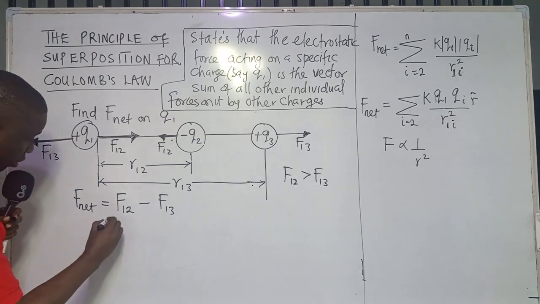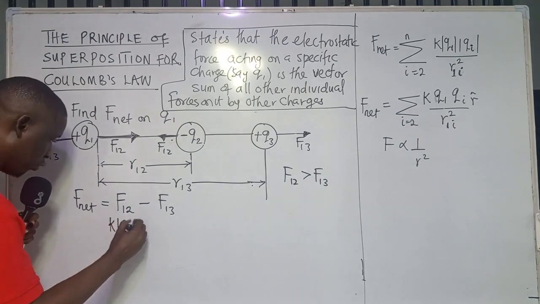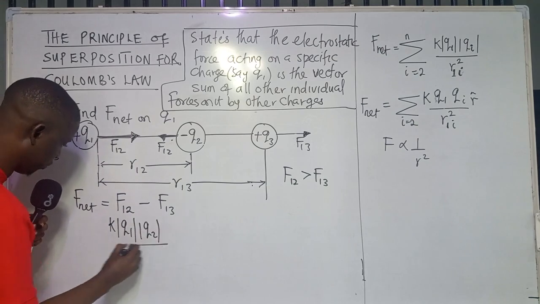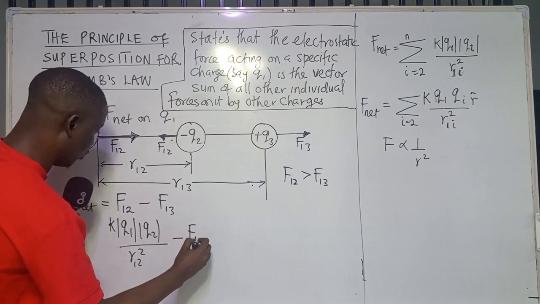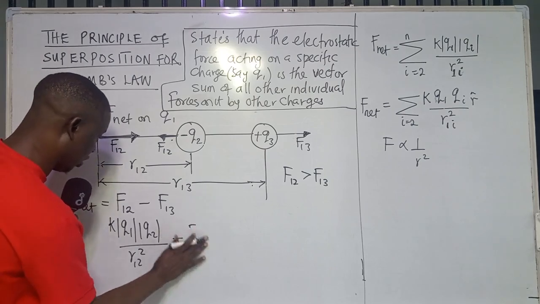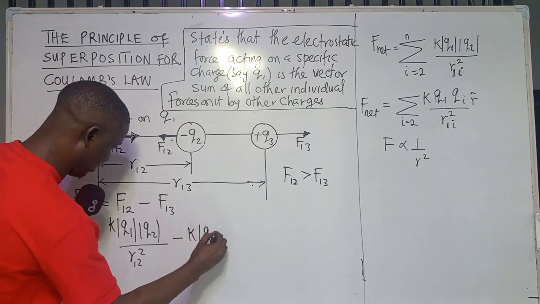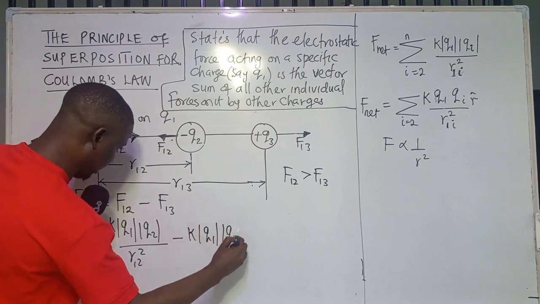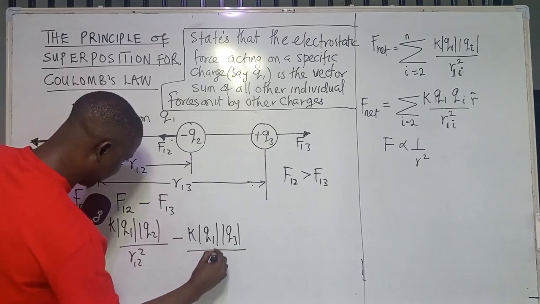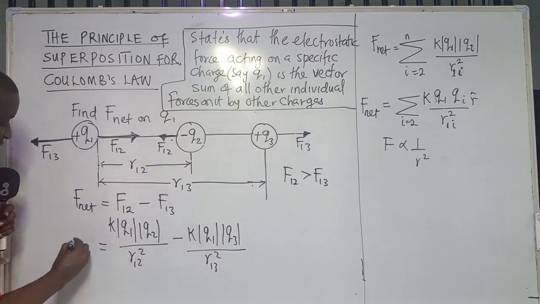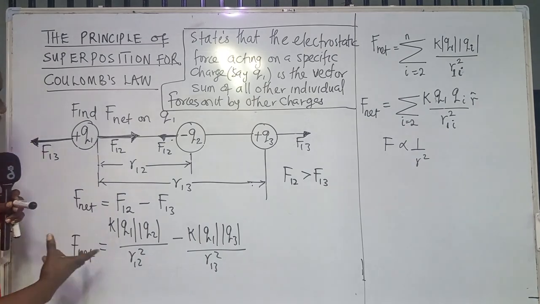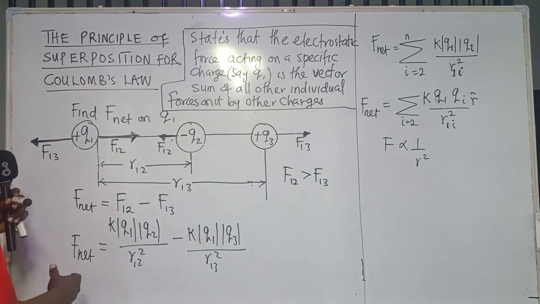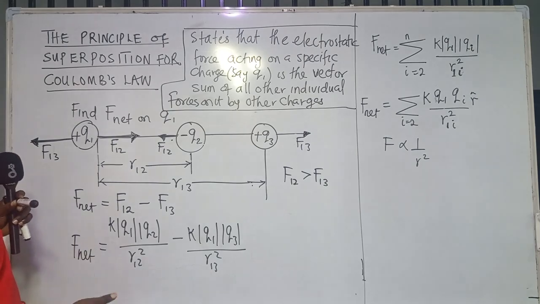So F12 will be Q1 Q2 by R12 squared, minus F13, which will be Q1 absolute Q3 all over R13 all squared. So with this we can get our net force.